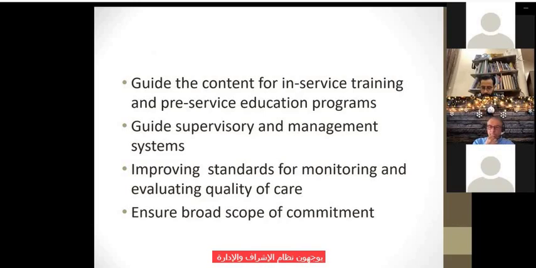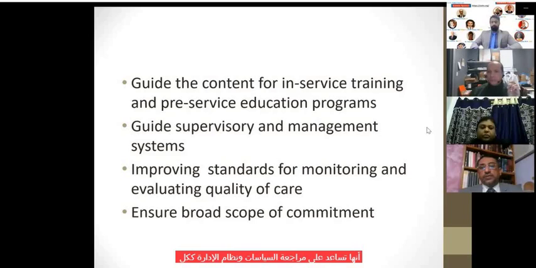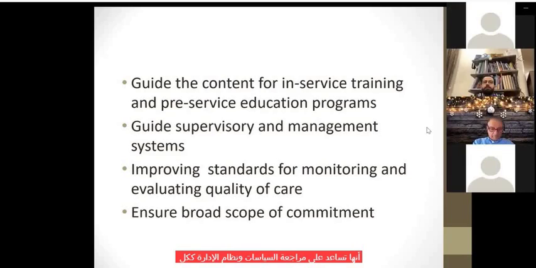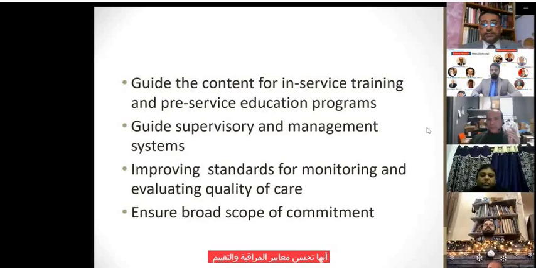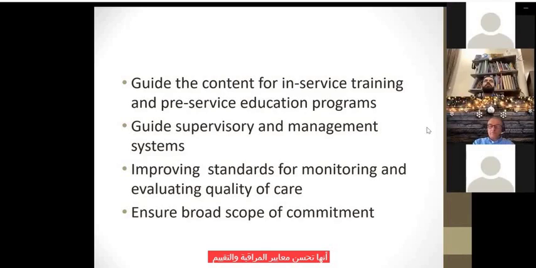They guide supervisory and management systems for the governmental purposes, for the institutional purposes. They help in the revision of the policies and the management system as a whole. They improve standards for monitoring and evaluating quality of care.